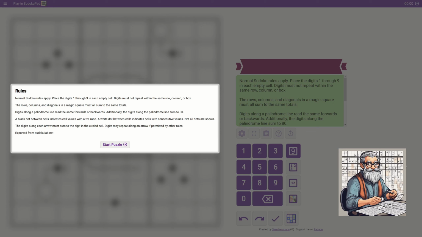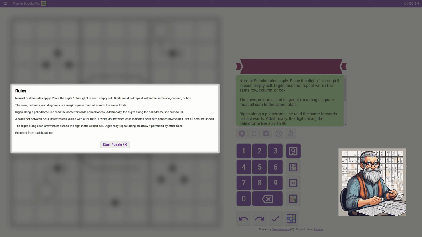Normal Sudoku rules apply. Place the digits 1 through 9 in each empty cell. Digits must not repeat within the same row, column or box. The rows, columns and diagonals in a magic square must all sum to the same total. Digits along a palindrome line read the same forward and backward. Additionally, the digits along the palindrome line sum to 80.